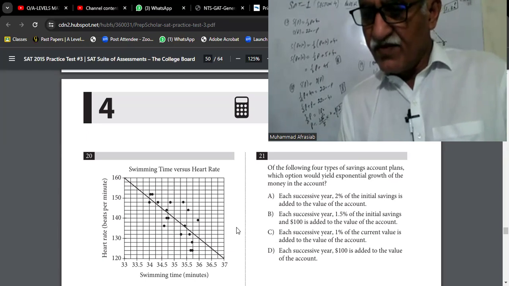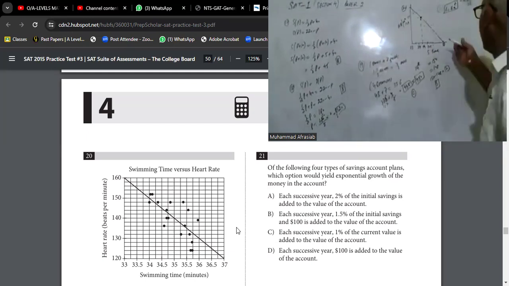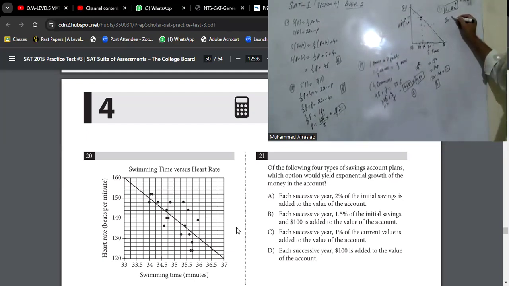Each successive year, 1% of the current value is added to the value of this account. Yes. So 1% means what? The interest is 1 plus 1 over 100, that is equal to 1 plus 0.01, so it should be equal to 1.01 times I. For 2 years, it is 1.01 squared, and for 3 years, 1.01 to the power 3.